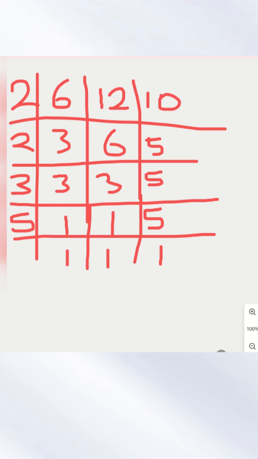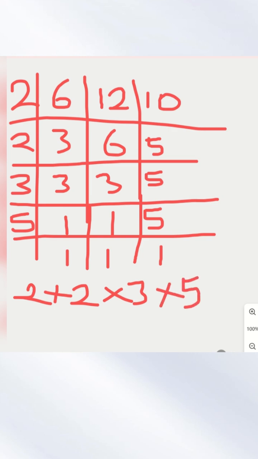So I'm going to multiply these prime factors: 2 times 2 times 3 times 5. 2 times 2 is 4, 4 times 3 is 12, 12 times 5 will give you 60. So the LCM of 6, 12, and 10 will be 60. So simple. Either you list out the multiples or you divide them using their prime factors, you will still find the LCM.